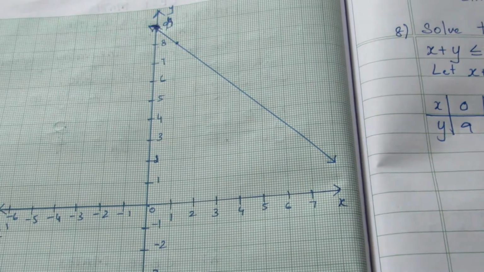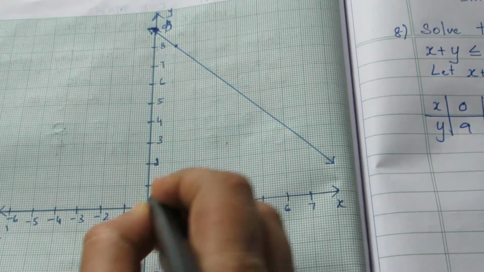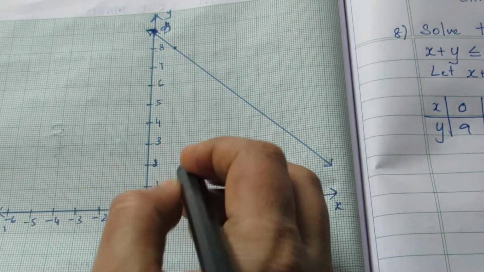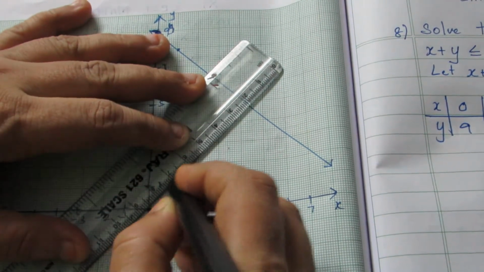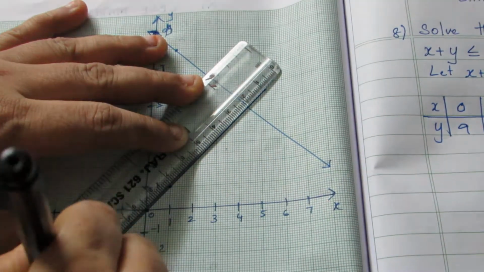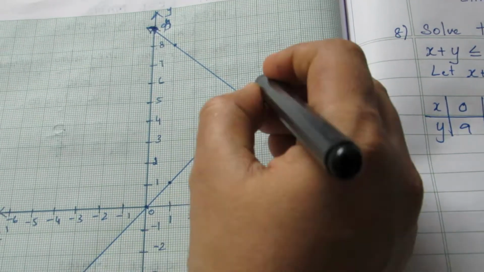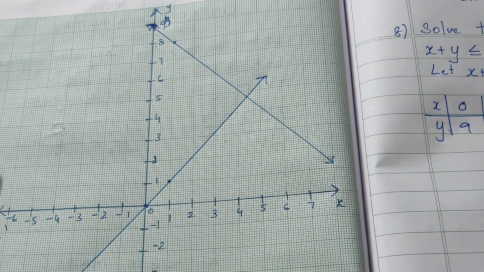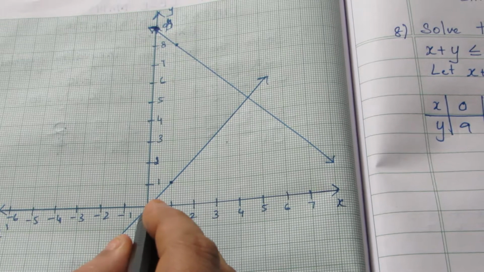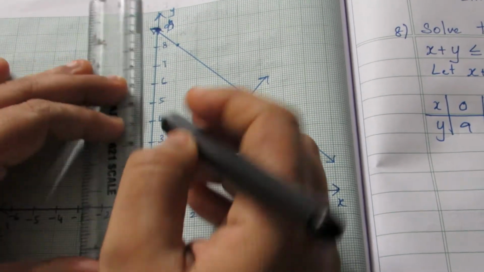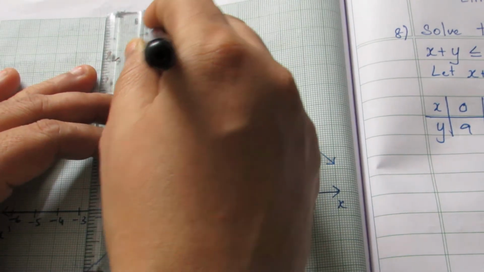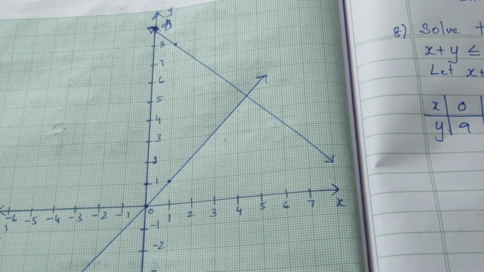For the second one, 0, 0, 1, 1, join the points, extend the line. So this is your second equation graph. Your third equation will be 0, 0, 0, 1, 0, 2. It will be on your y-axis. This is your third graph.